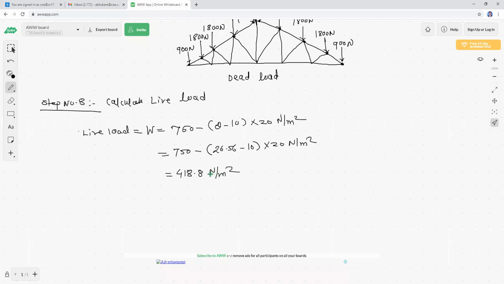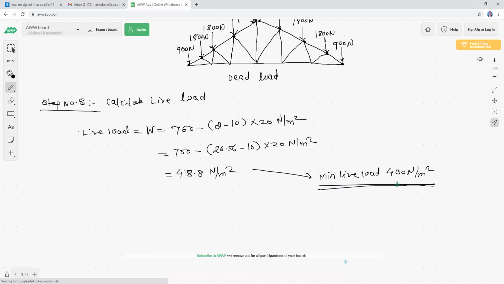Here I have to tell you, one question is coming in your MCQ examination. The minimum live load we are considering for the roof truss is 400 Newton per meter square. Minimum we have to consider this much load. Please write this down, it is a very important question.